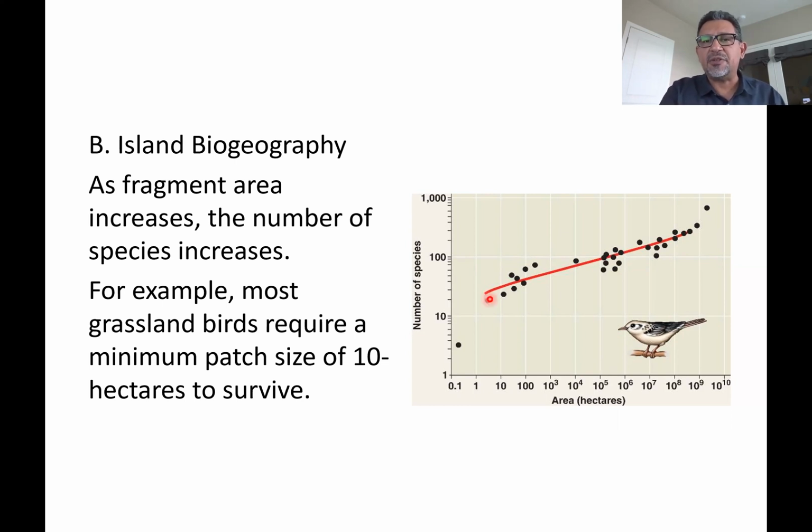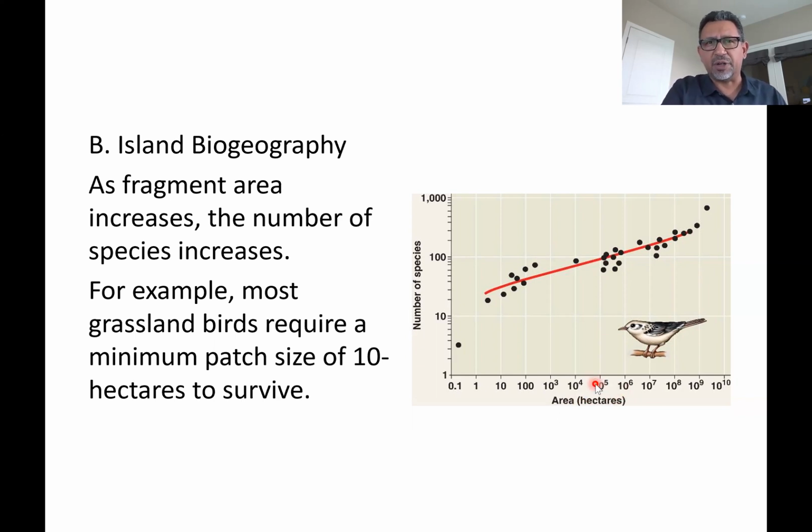And so for this graph you see here, please keep in mind that this is a logarithmic scale. The number of species is going to be increasing as the size of the area, the size of the patch or fragment, is increasing. And it's really consistent. It's surprising.